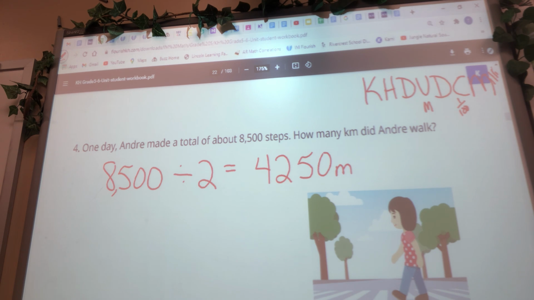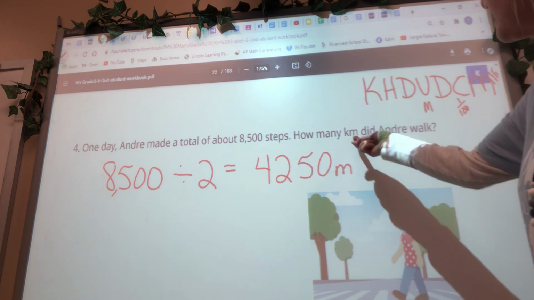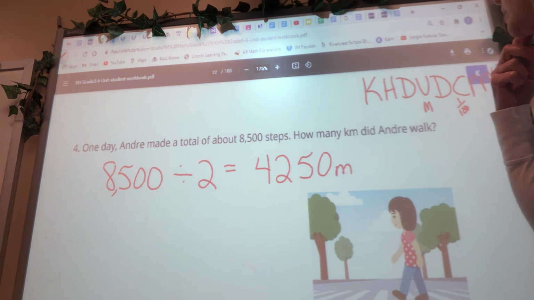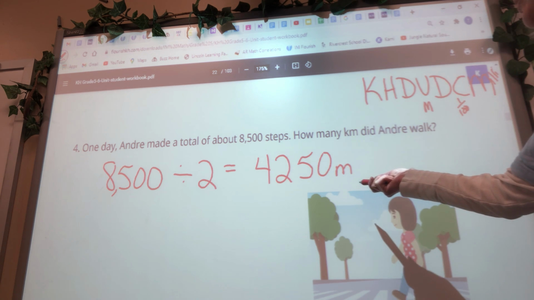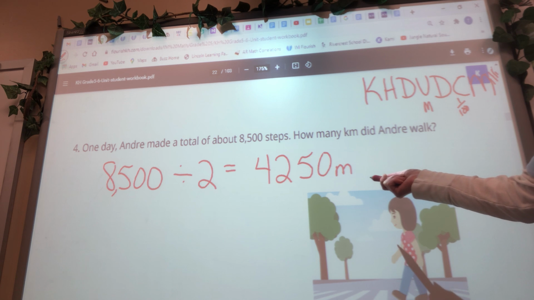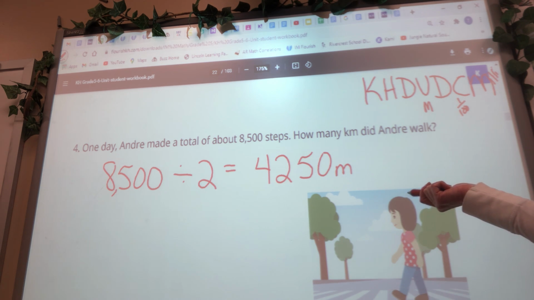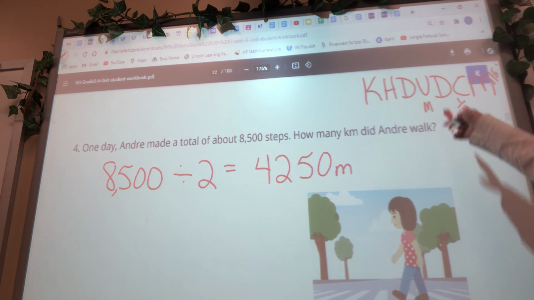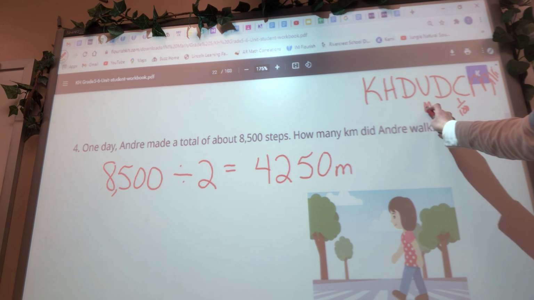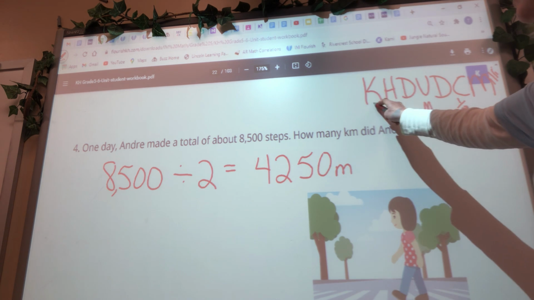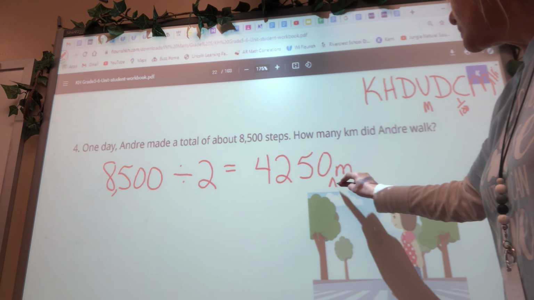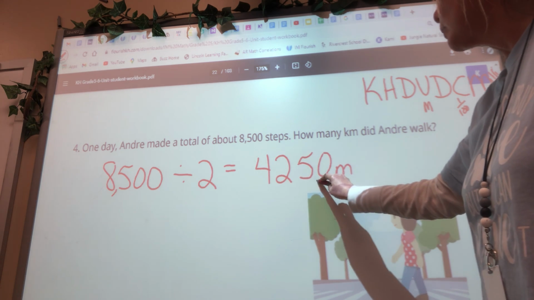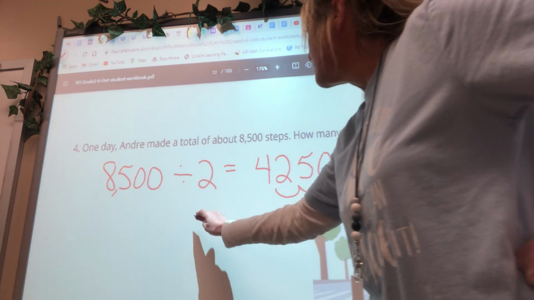Let's see. But it didn't ask us in meters. It asked us in kilometers. So if it's 4,250 in meters, then how many kilometers would that be? Let's see. If we're sitting at meters, that's 1, 2, 3. So if my decimal place is right here, that would be 1, 2, 3.